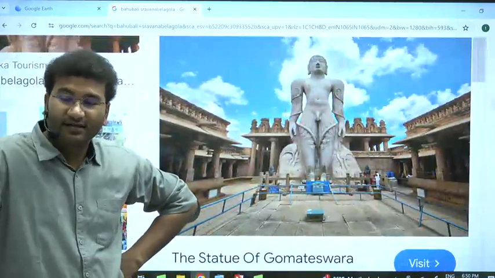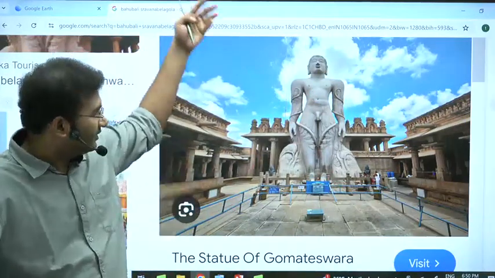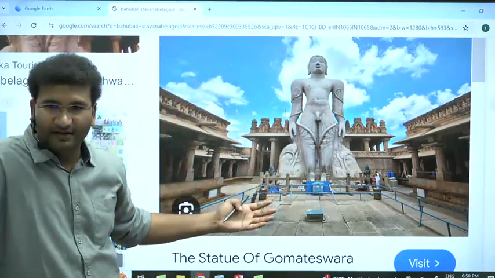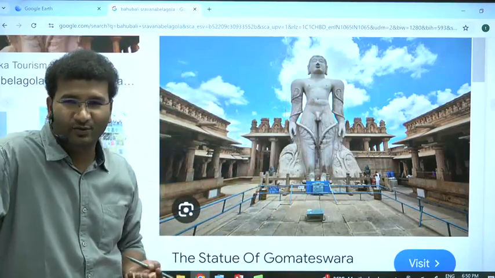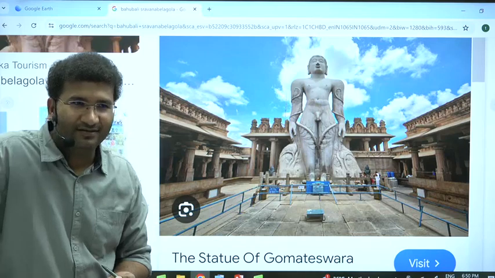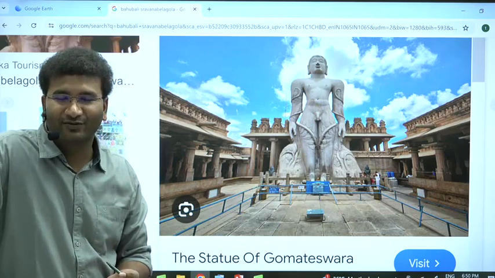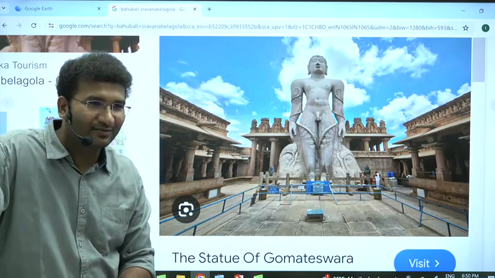This is Digambara. Naked, right? Bahubali, he is one of the rulers. Now who is this ruler? Chandragupta Maurya, suna hoga. Maurya.